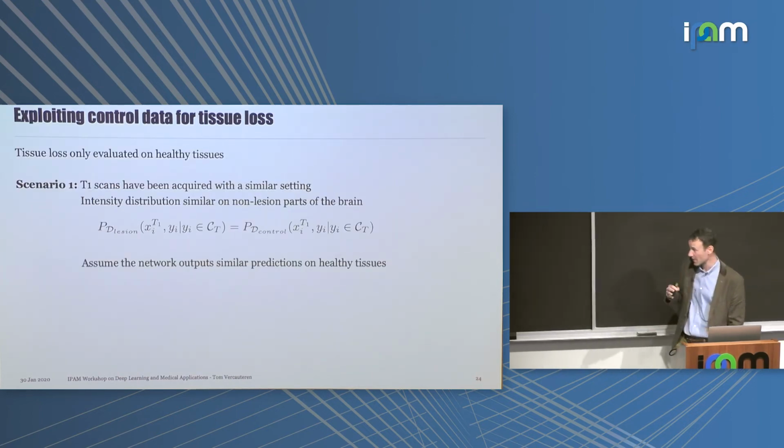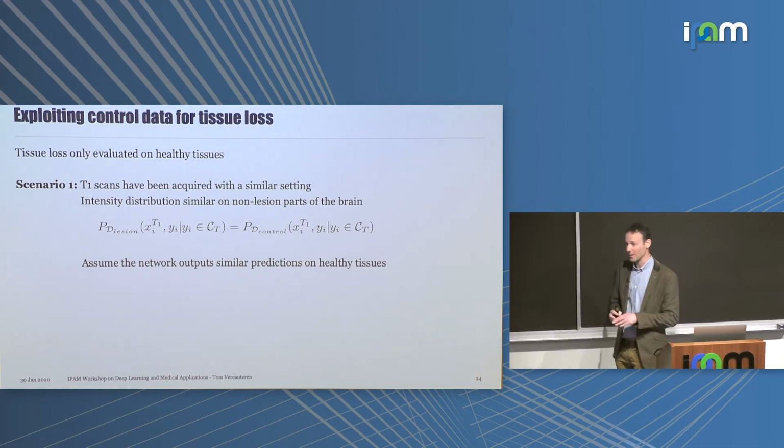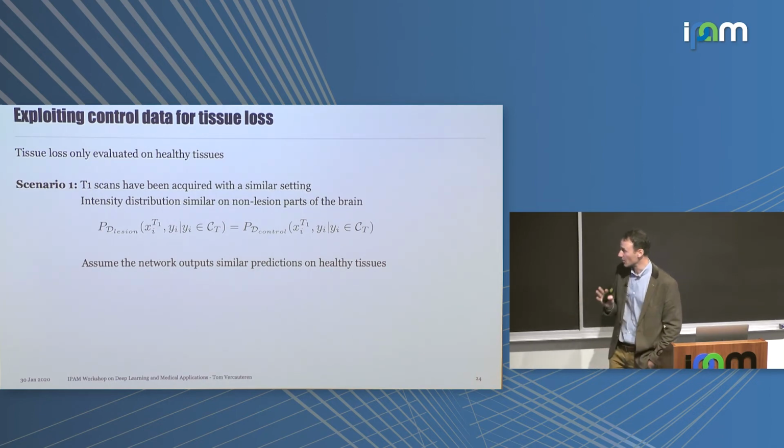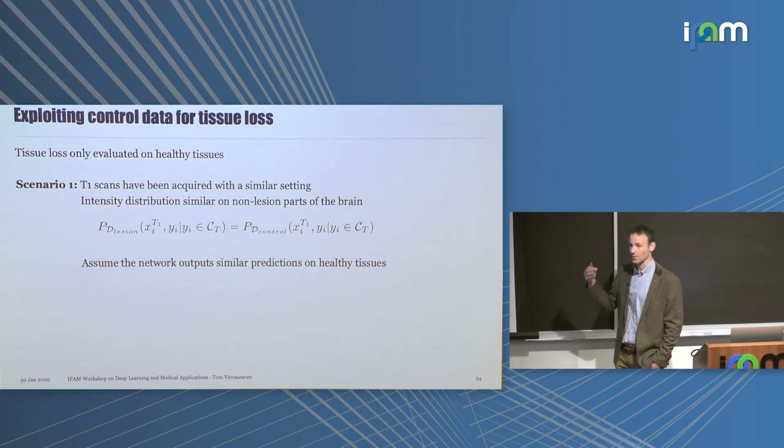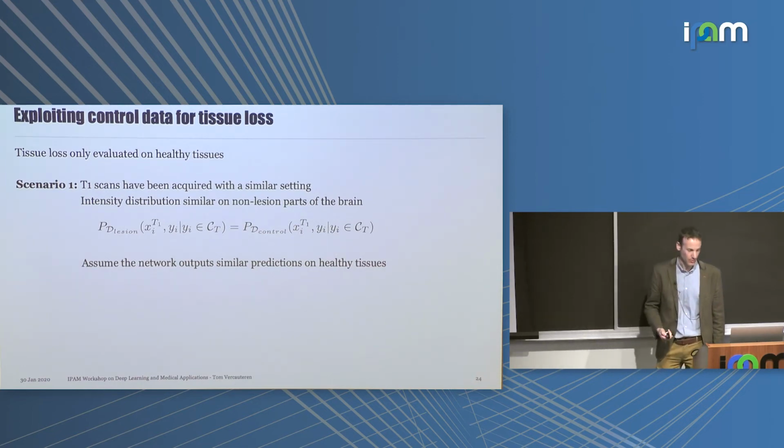So what we'll do is very simple: we just assume that the T1s on the healthy part of the brain look alike on both the control group and the patient group. We make the assumption that on this part, the two distributions are sufficiently similar that we can evaluate that expectation on the control group, even if it's an expectation on the patient group.